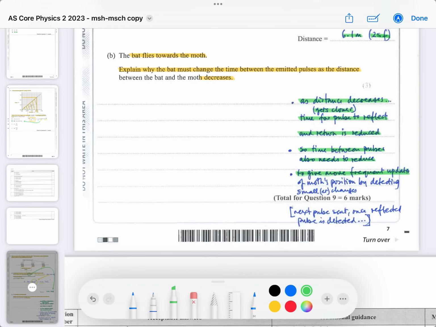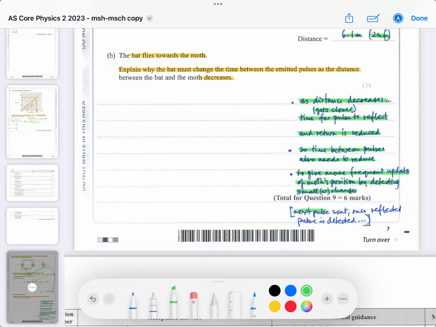So it needs to quicken its rate of sending out the pulses so that it knows the moth's position, as it's honing in on its prey. By detecting smaller and smaller changes, it needs to send out more frequent bursts of whatever frequency sound they use, probably quite high pitched.